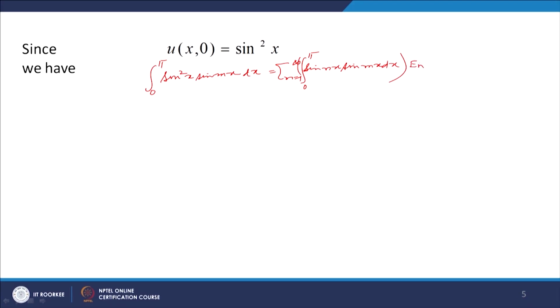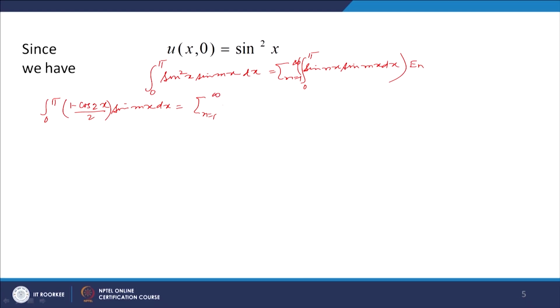So, we multiply both sides by sin(mx) and then integrate over the interval 0 to π. Now, sin squared x can be written as (1 minus cos 2x) by 2, so the integral from 0 to π of (1 minus cos 2x) by 2 into sin(mx) dx equals the sum from n equal to 1 to infinity.